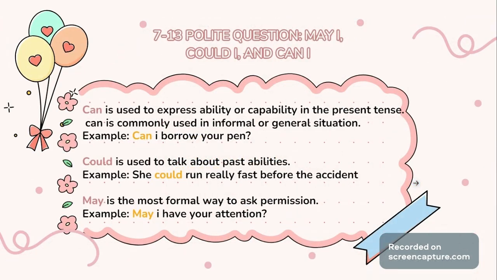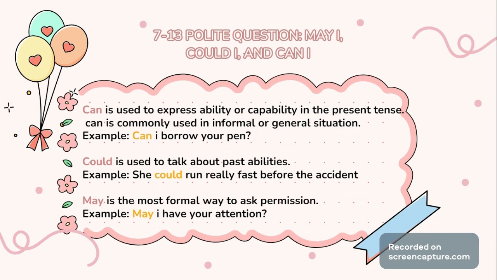Next, polite questions. May I, could I, and can I? Can I is used to express ability or capability in the present tense. Can is commonly used in informal or general situations. Example, can I borrow your pen? It is informal or general, so we use it with our friends or our family.